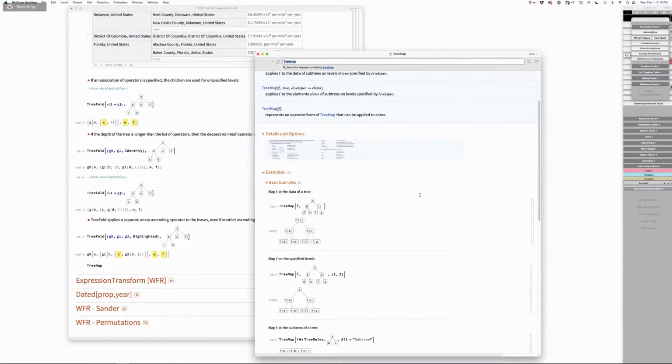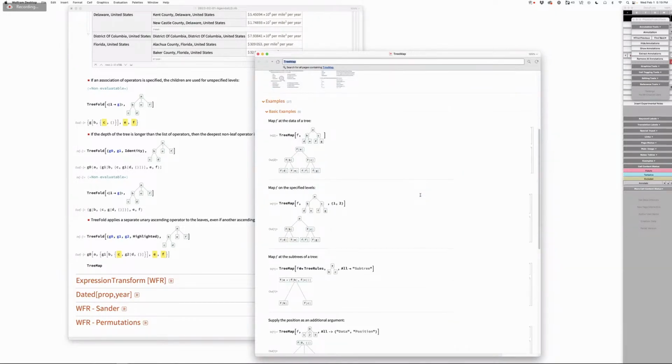Right. So this is the discussion we were having before about merging the two arguments, the first and the third. Yeah. So it's less natural here. But the idea of mapping at different levels, like map all, is interesting. TreeMap defaults to map all, basically.